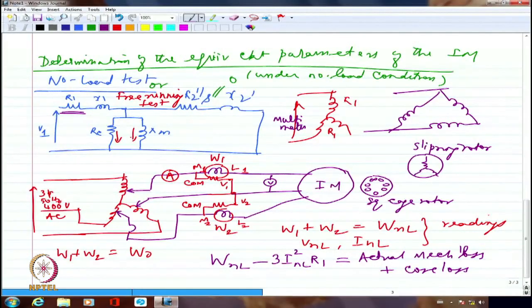Whenever I do the per phase calculation, I better not forget converting everything on a per phase basis. Unless I do that, I am bound to make mistakes. Okay? So we will continue with the no load test and the second test, which is equivalent to the short circuit test.